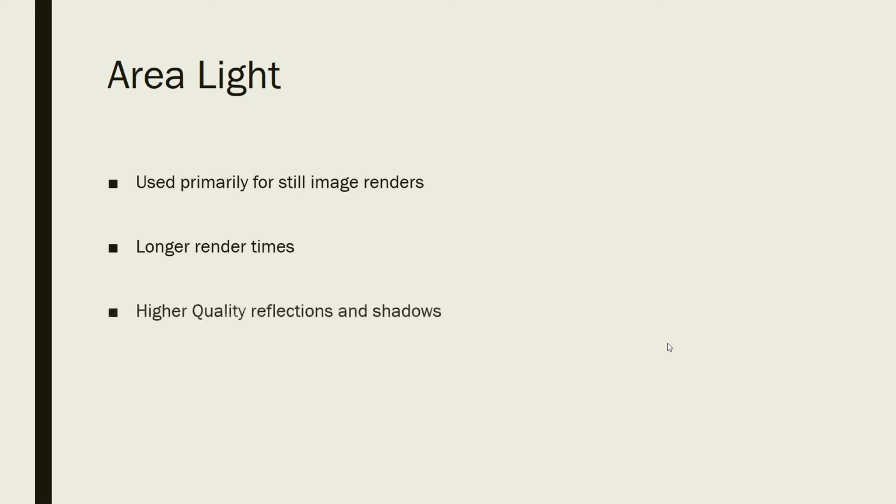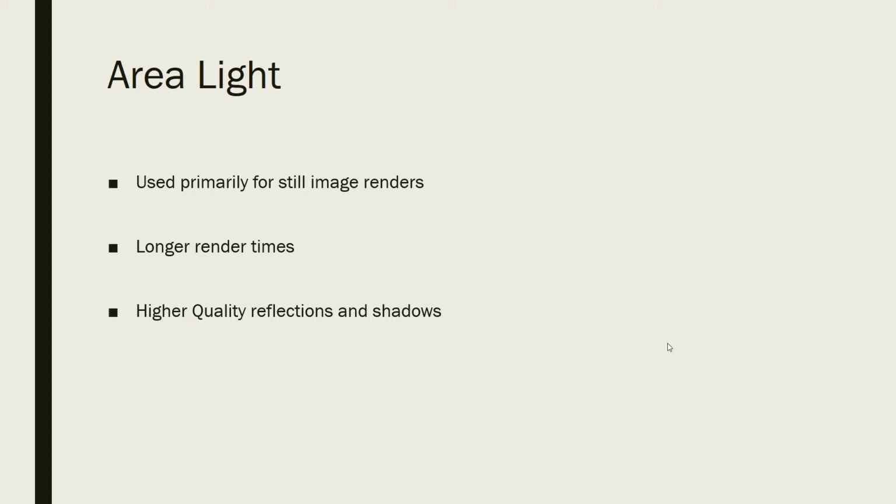So area lights are often used for still renders because they give very, very high quality reflections and shadows. They're very, very nice.